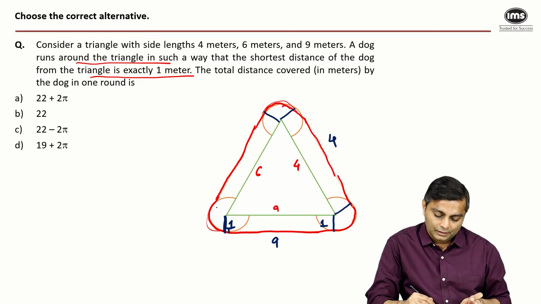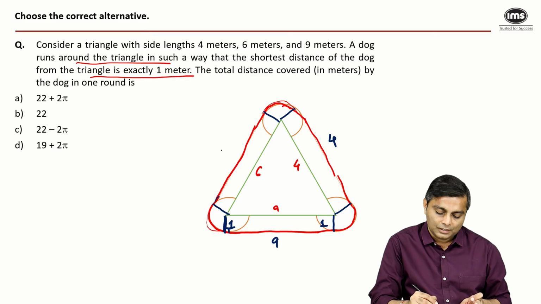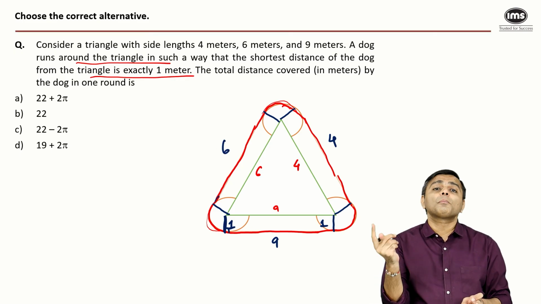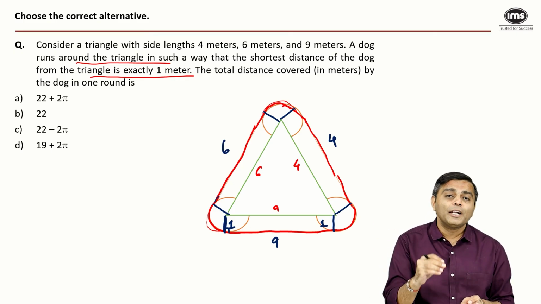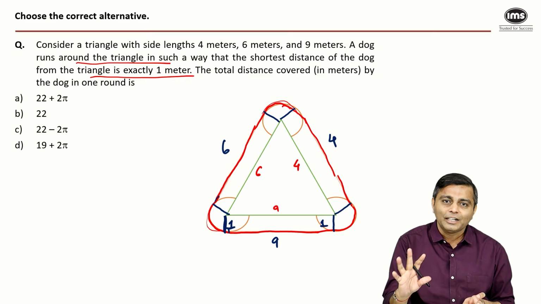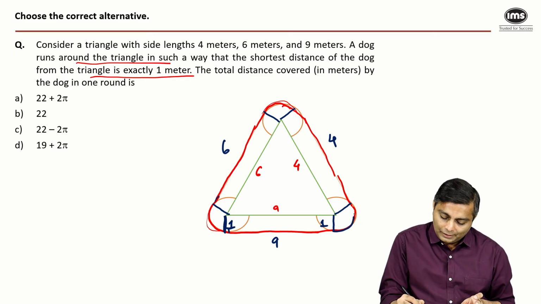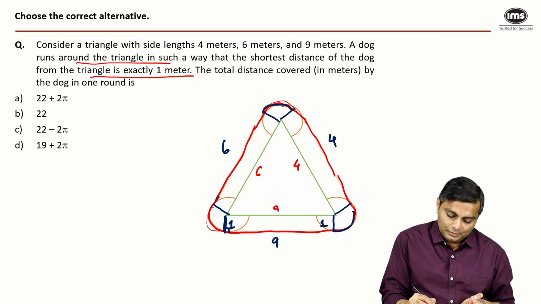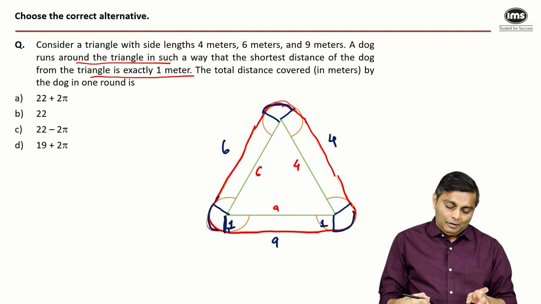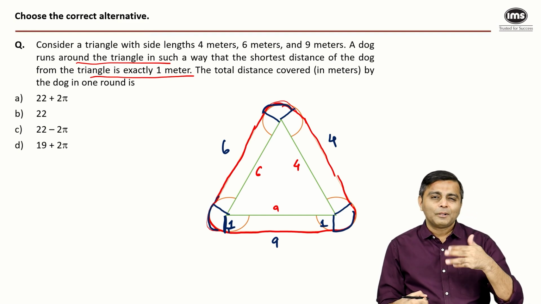This bit and this bit, this distance is 6. So the outer boundary where the dog is running is definitely 4 plus 6 plus 9, so it's definitely 19 for sure. Now we have to add this part. Actually, it is 19 plus something.